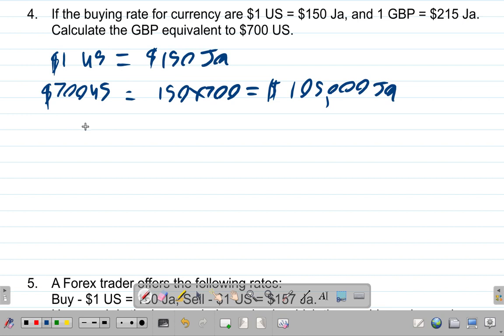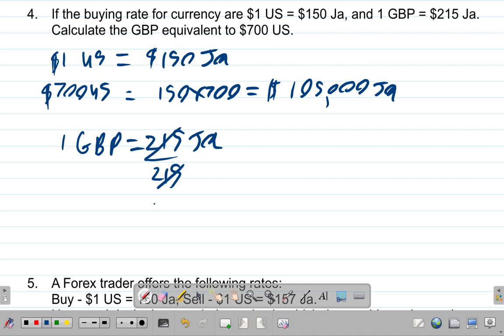The GBP here, 1 GBP is equal to 215 Jamaican. Now, if you divide both sides by 215, this gives you 1 Jamaican.